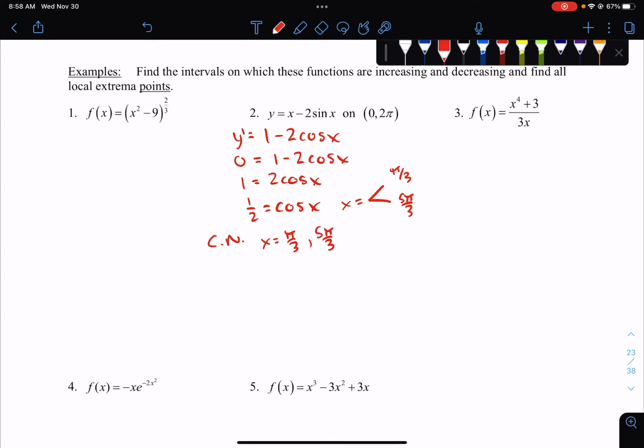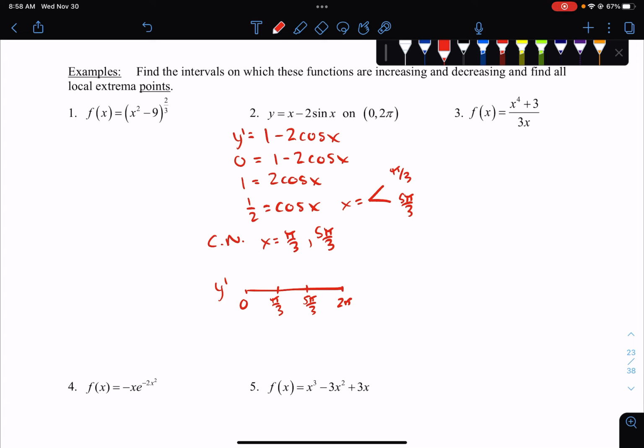So when I make my little y prime sine chart, it starts at 0. I don't ever go below 0, and I don't ever go above 2 pi. But I need the point pi thirds, and I need my critical point 5 pi thirds. So I want numbers in between these.